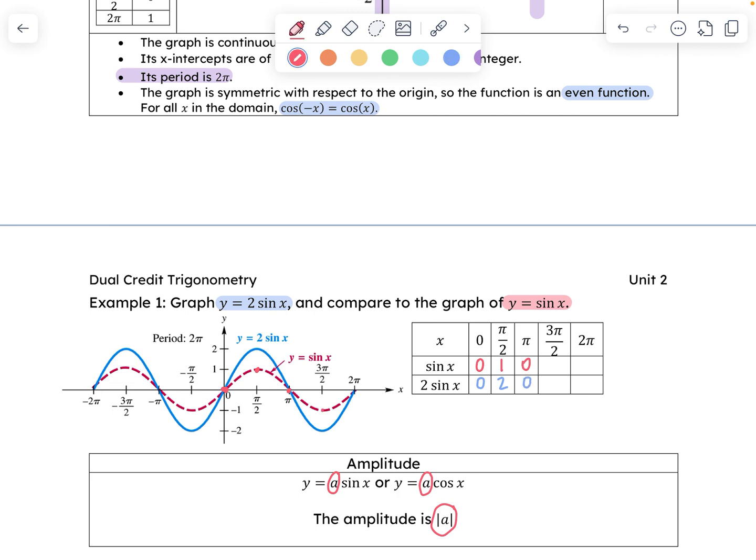When I come over here to 3 pi over 2, the sine of 3 pi over 2 is -1, but 2 sine of 3 pi over 2 is -2. And completing out that period, when I come to 2 pi, the sine of 2 pi is 0, and 2 times the sine of 2 pi is also 0. So when we're talking about the amplitude, it's going to change the height of the wave.